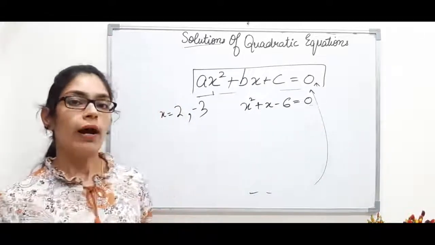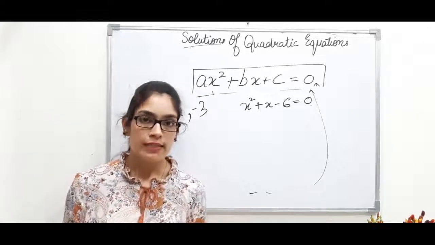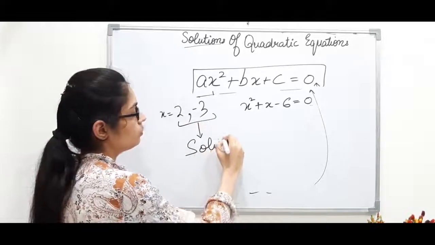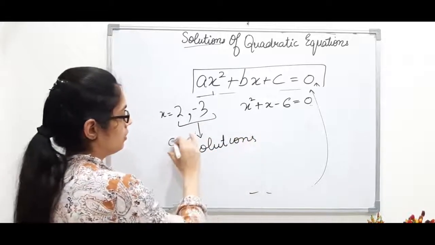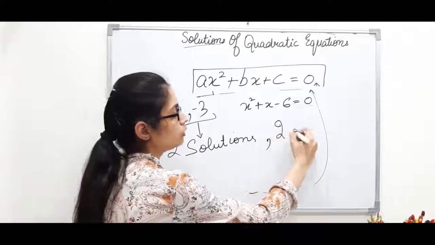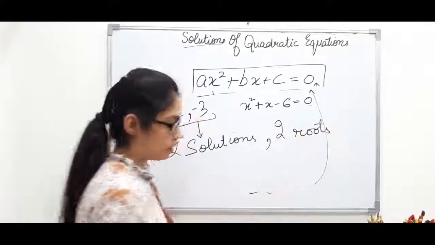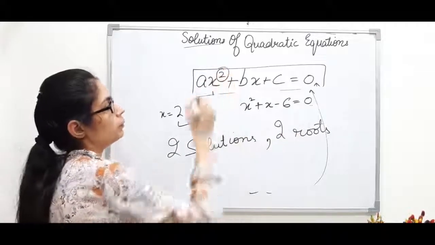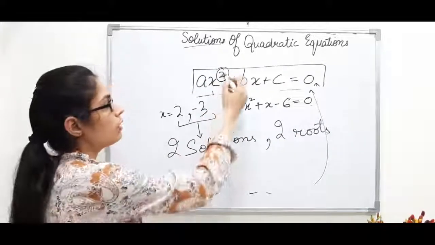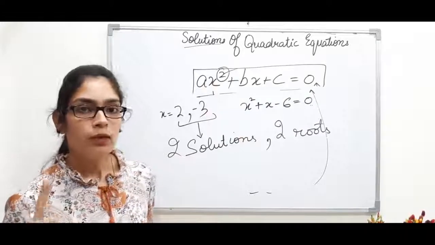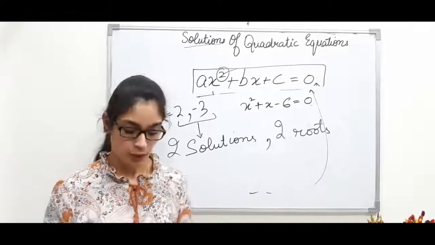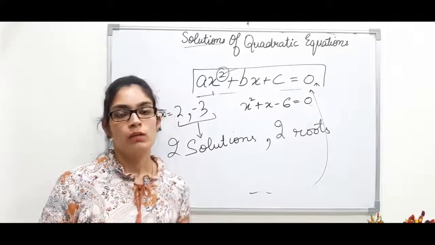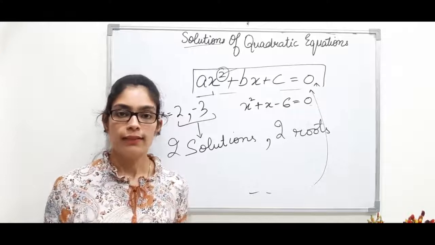This means a quadratic equation will always have two solutions, or two roots. Roots and solutions both mean the same. Since this exponent is also telling me the number of values of x will be 2, for whichever variable you are taking in quadratic equations, there will be two solutions. So solution and root are the same.